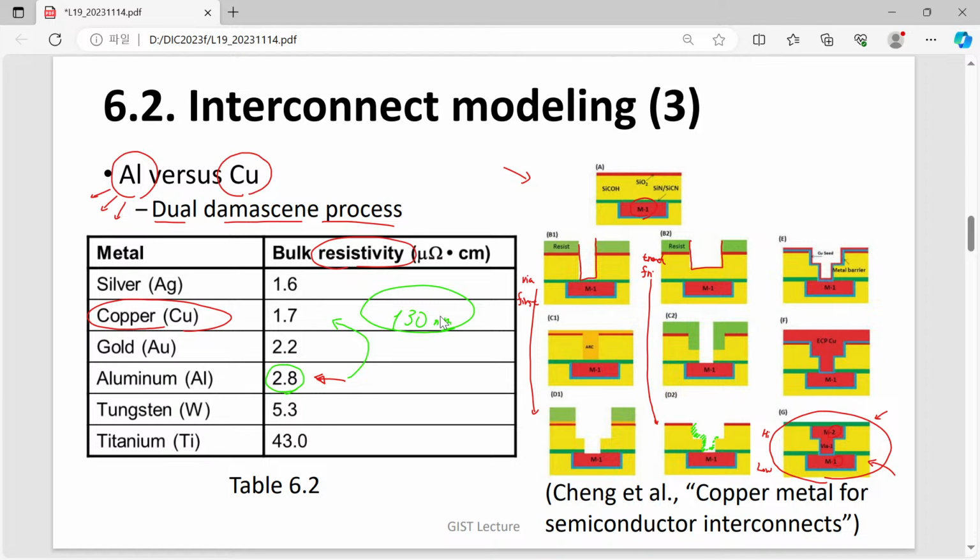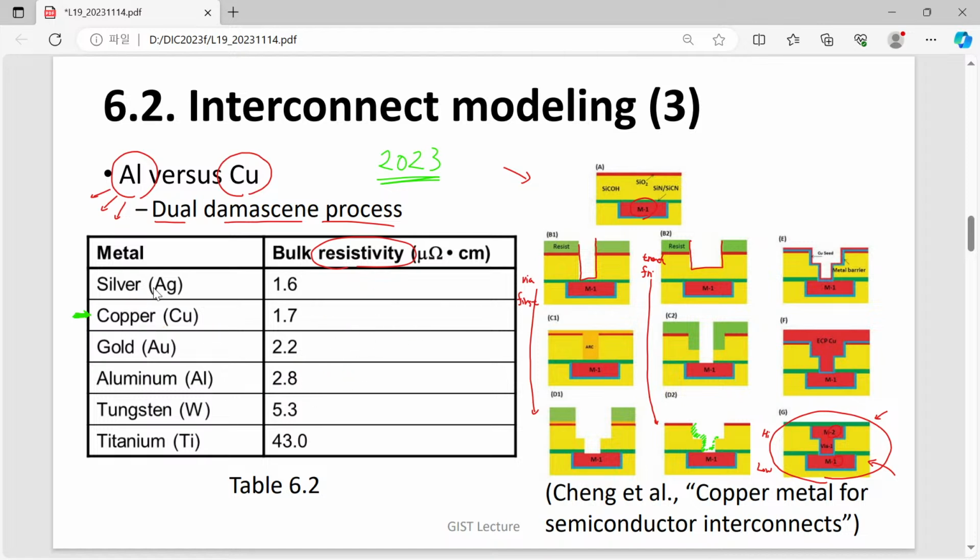And what about nowadays? We are now living in November of 2023, and now we feel that even this copper is not sufficient to provide sufficiently good conductivity for our wires. So there are many researches to introduce another new material to make this wire. However, there is no clear answer to that.